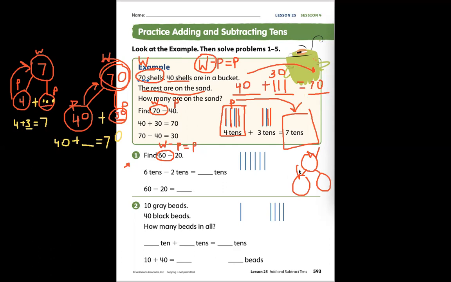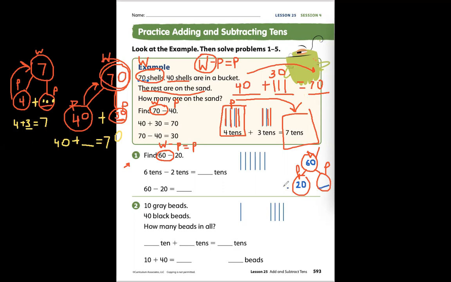Whole, part. Our whole is 60. The part we know is 20. And the missing part is here.